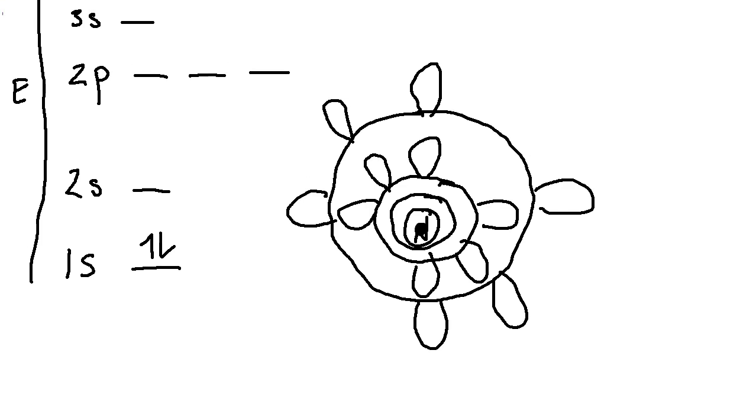Okay? So the more S character you have in your hybridization, the more stable the electrons are going to be in terms of that hybrid orbital. So in other words, if I have something that's sp in nature, that means it is 50% S in character, and it is 50% P in character if I'm looking at an sp hybrid.